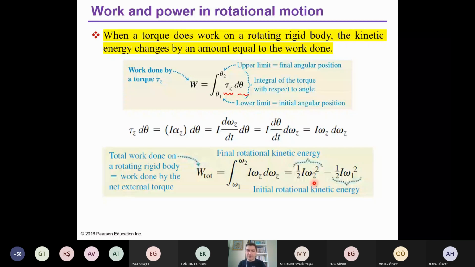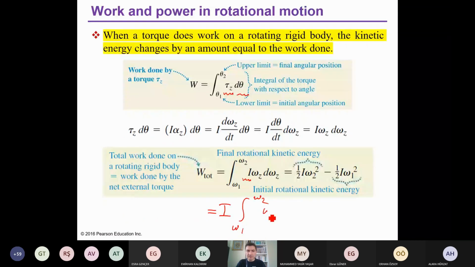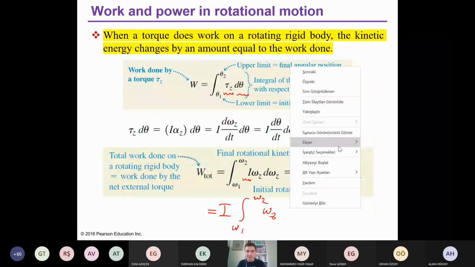So we have this one. Let's consider the moment of inertia is constant just for this one, okay? This has a certain moment of inertia I about this rotation axis, and this is constant, let's say. Then take this I out of the integral, and here we have omega z d omega z, from omega 1 to omega 2.